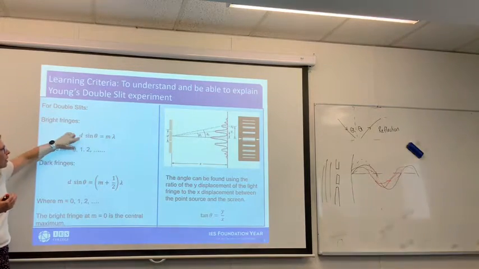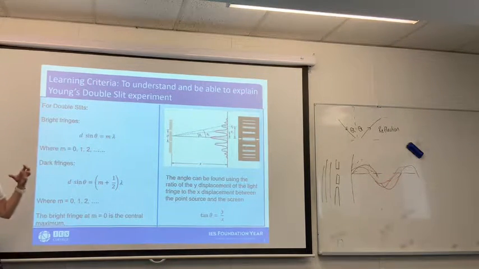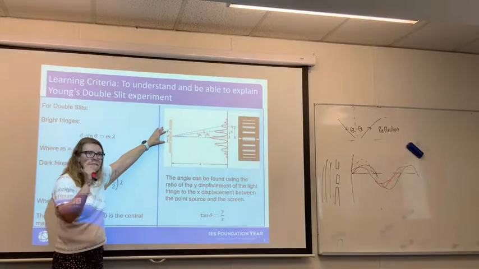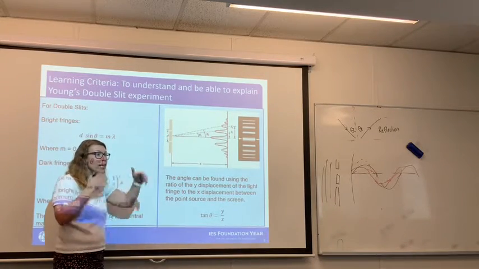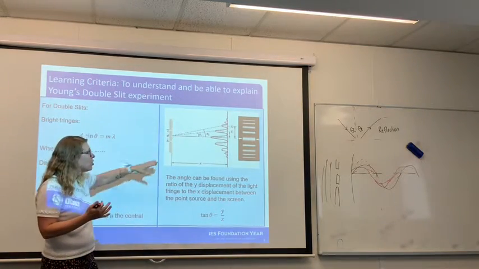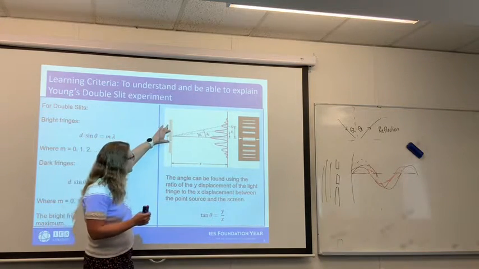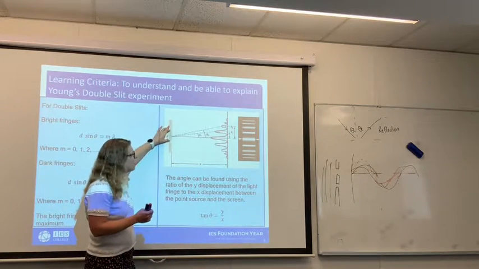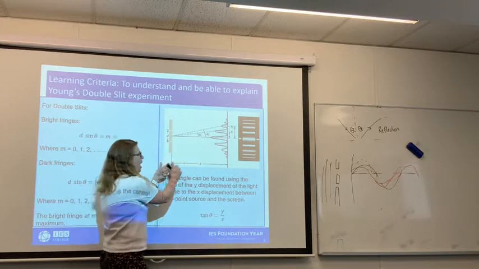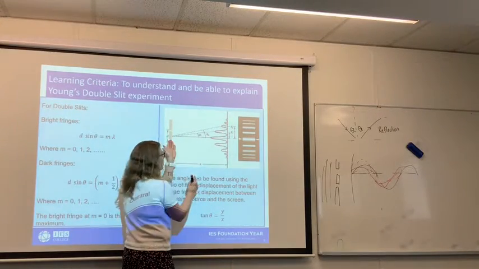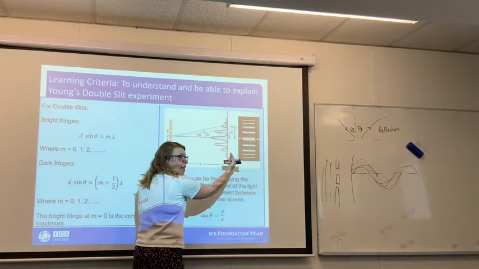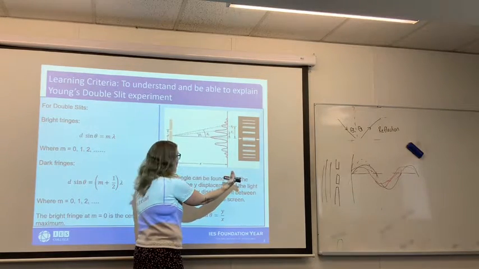Now, the d represents the distance between the slits. So if you're given a question that asks you to use Young's double slit to find something, that d is between the two slits. We have an x, which is the distance between the slits and the screen that I'm looking at the light. Okay?